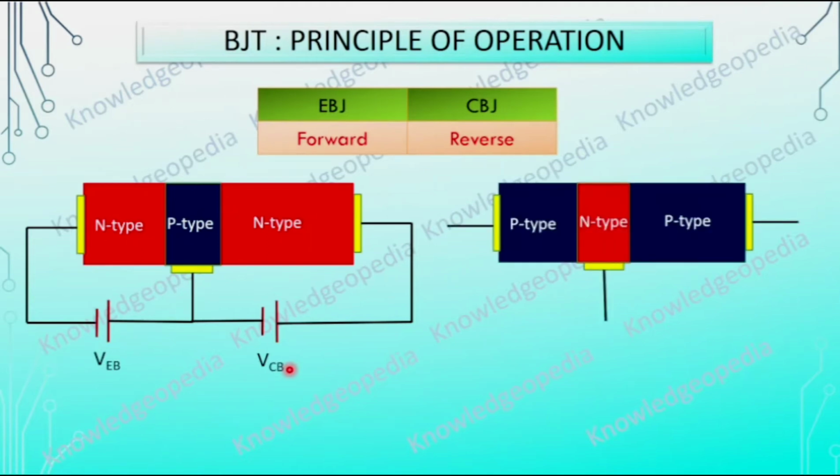Now if I am considering a PNP transistor, the emitter base junction is this one, and this is P type, this is N type. So what should be the connection?